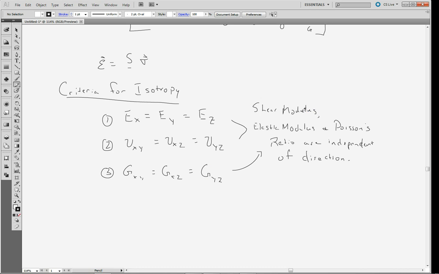All right. And then the fourth criteria, which is going to be important really for all of the anisotropic material property matrices that we talk about today, is that due to symmetry, relationships between normal and shear strains are negligible.